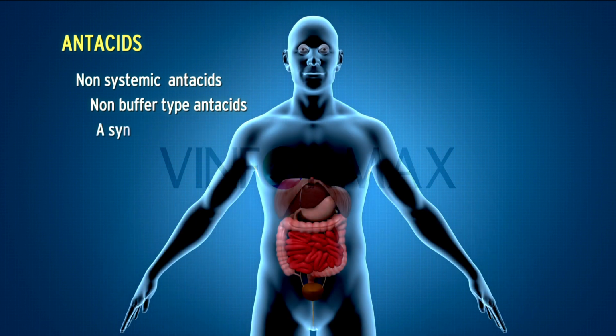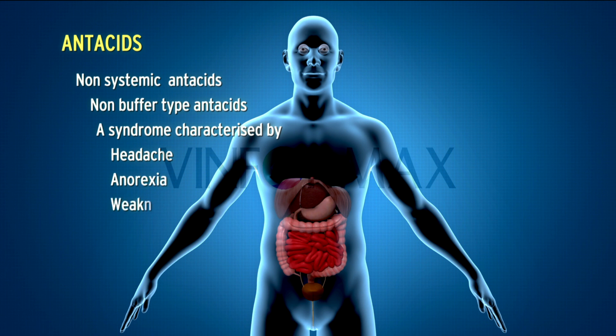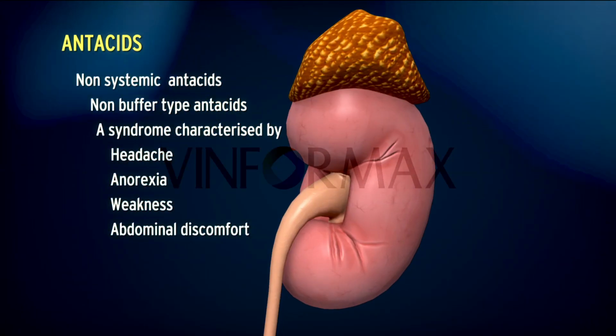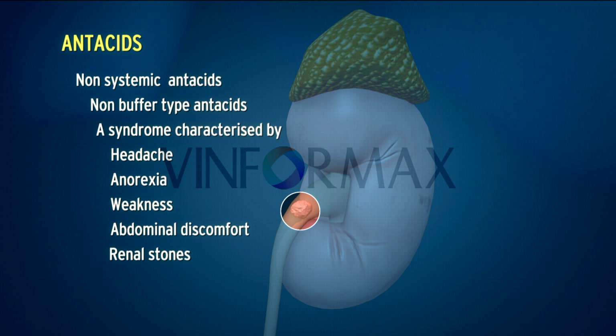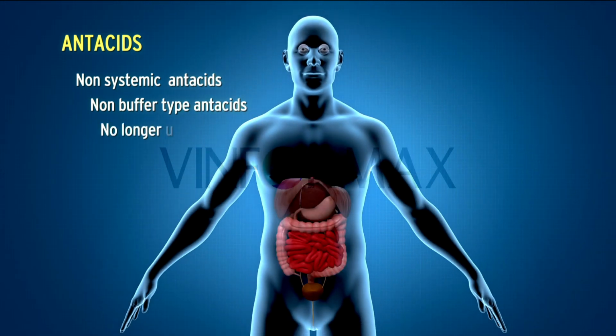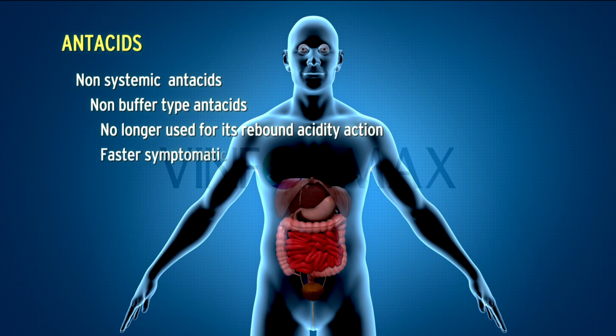This produced a syndrome characterized by headache, anorexia, weakness, abdominal discomfort, and renal stones. Nowadays, it is rare. Antacids are no longer used because of rebound acidity, but they afford faster symptomatic relief in gastroesophageal reflux disease, but no sustained benefit.